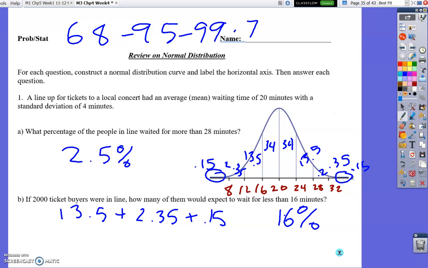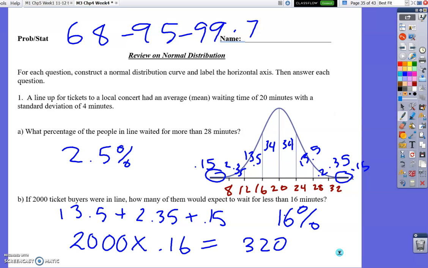So 16% of 2,000. So that just means 2,000 times 0.16, which is 320, moving the decimal place twice after multiplying. So 320 people would wait for less than 16 minutes.